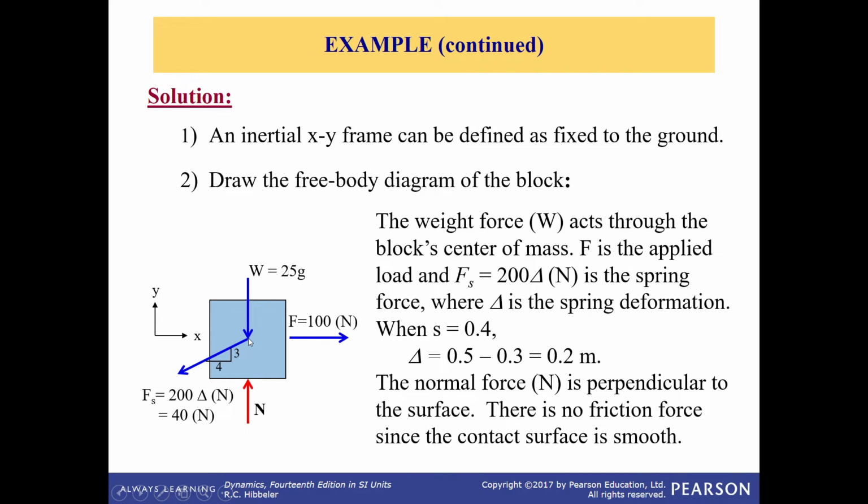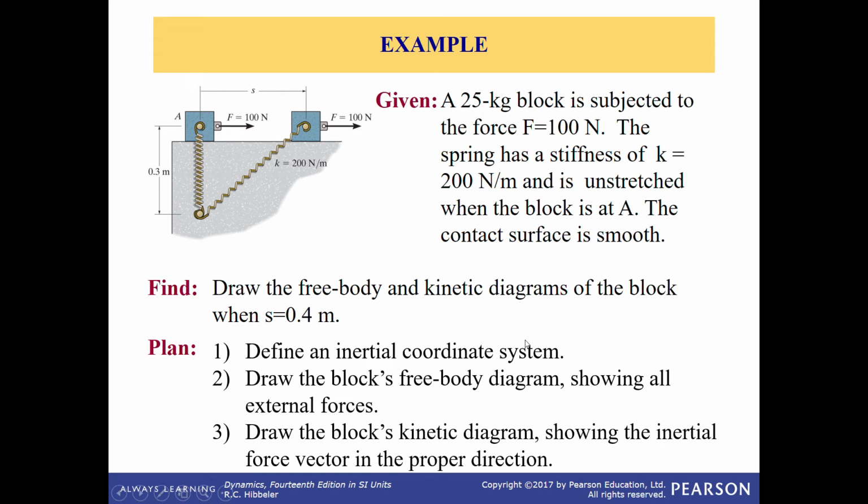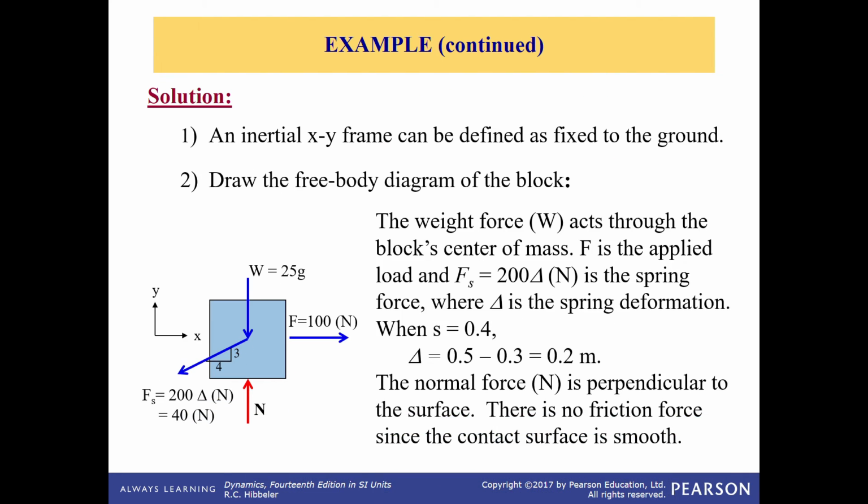K here is actually 200 newton per meter. The formula for the spring force is Fs equal to K times S, but what is S here?